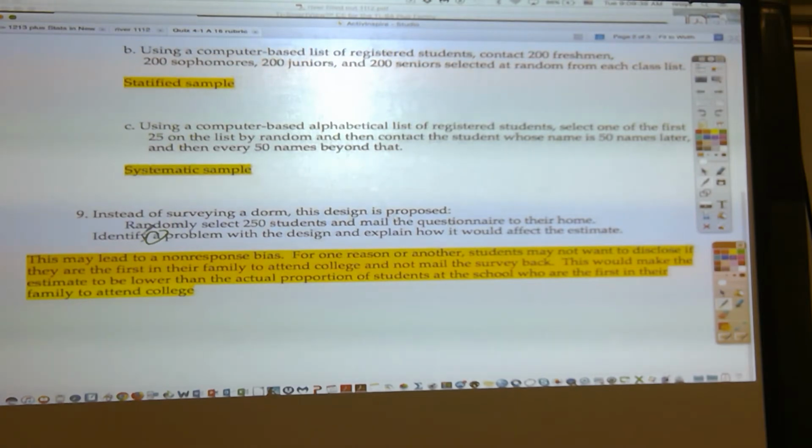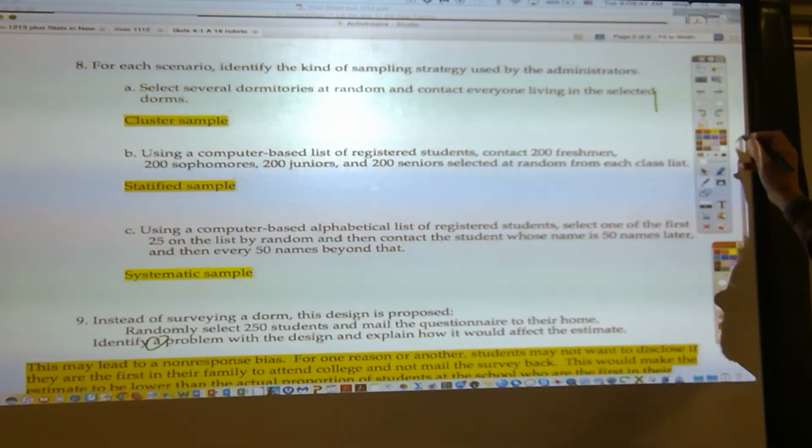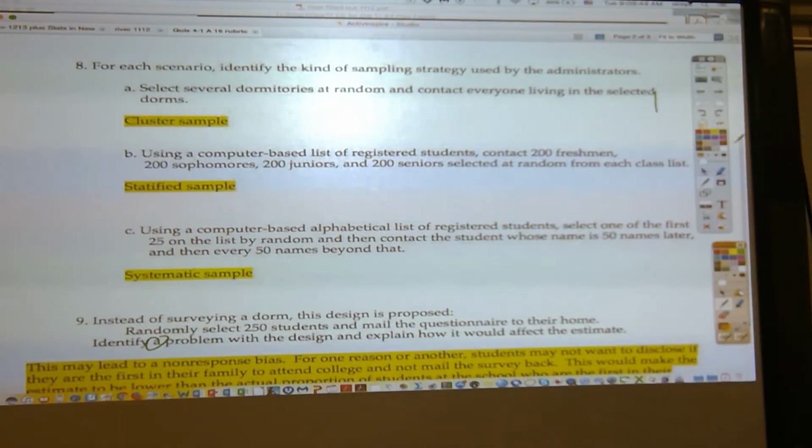Frodo. Following up on number 8A. 8A? All right, let's take a look at 8A. Yeah, go ahead. If I add another sentence that after randomly selecting one dorm, I then randomly select one student living in this room, for 2 or 3 students in each room, so it's going to be multi-stage or still cluster?